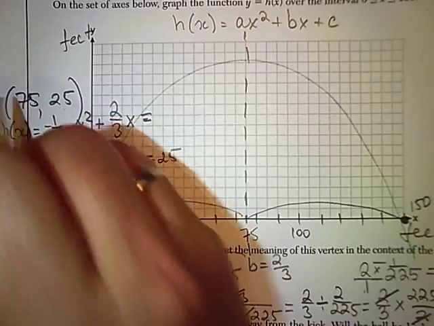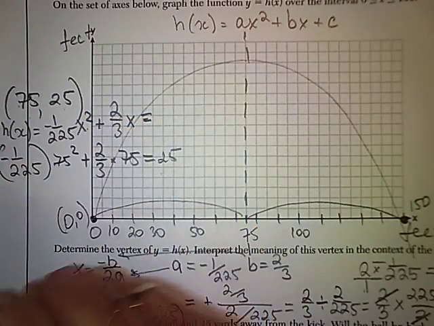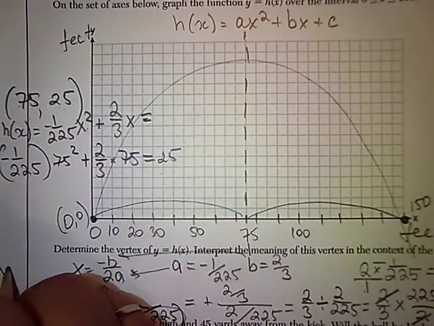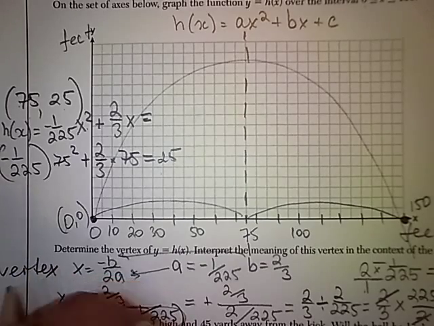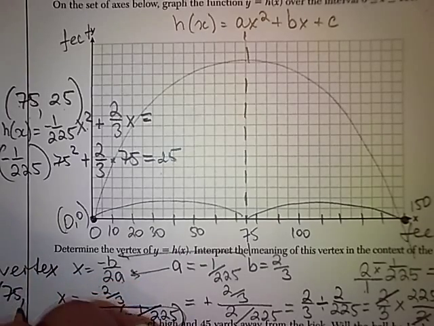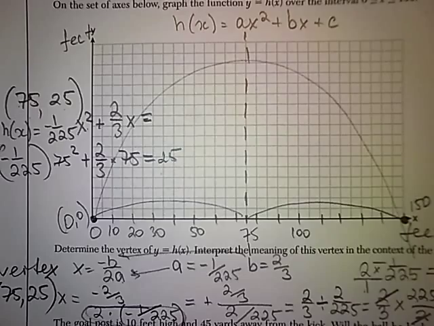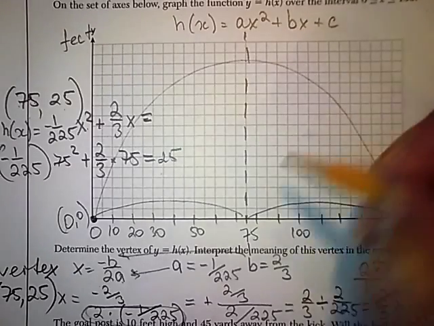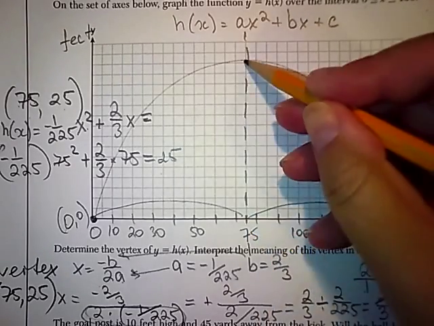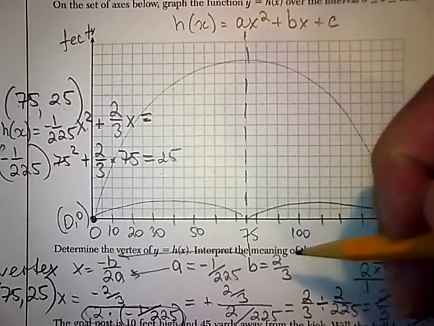These are the coordinates of the vertex. Let me write them down here. And let me graph the vertex. 75 and 25 is the highest point. Let me try to figure out the scale.